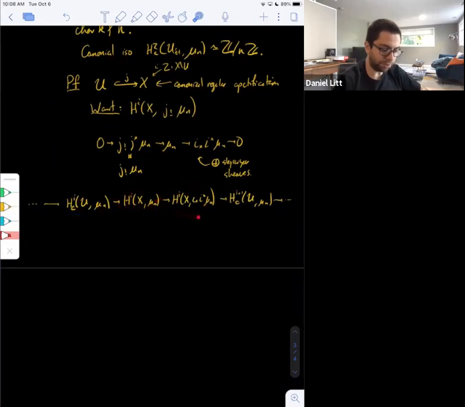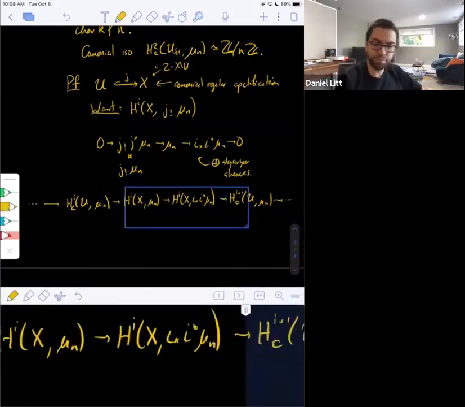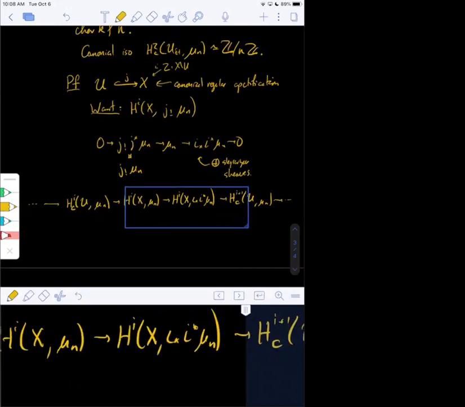Can anyone tell me how to compute this object? Any thoughts? It's a skyscraper sheaf, so. Can you say more?